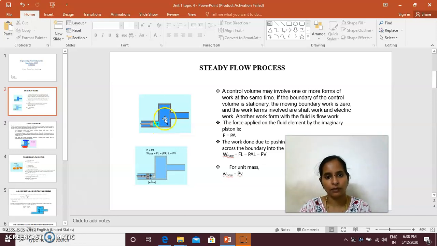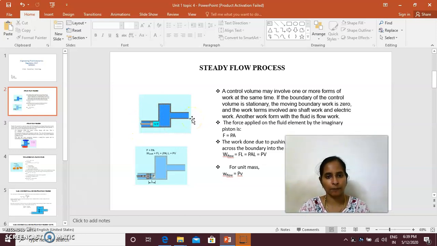So control volume, control surface, flow rate and the continuity equation are very important to learn about flow work, or displacement work, or flow energy. Why are we talking about flow? As I already told you, all engineering devices need a force of push, which is needed to move the substance from one position to another.